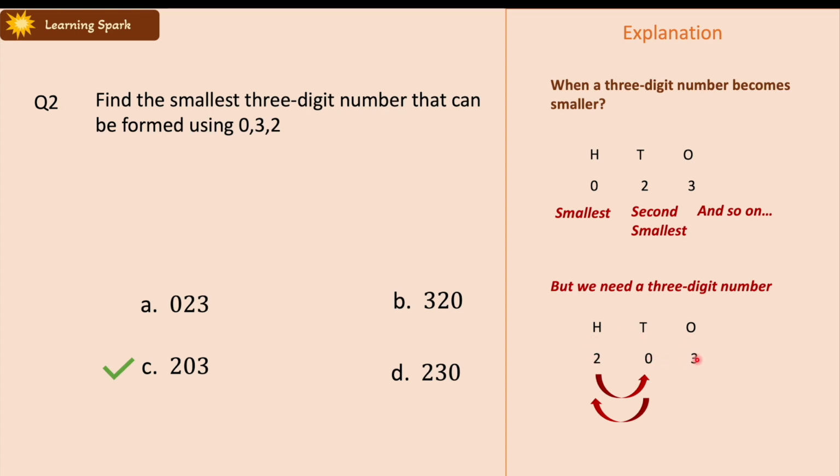This is the smallest possible 3-digit number. 0 cannot be in the hundreds place, but 2 is the smallest possible digit which can sit there. Then 0 and 3 are left, and we put 0 in tens place and 3 in ones place to make it the smallest number. Therefore the answer is 203.